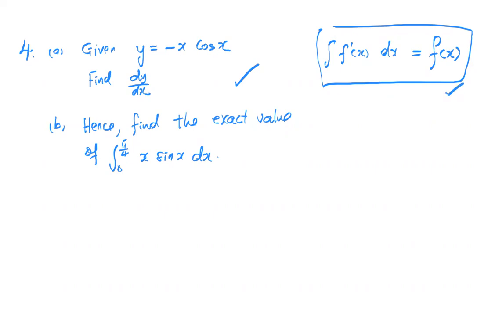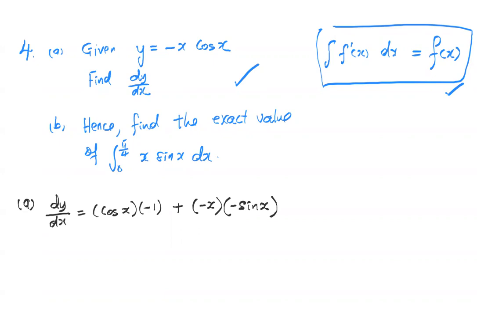So for the first part, when I differentiate, I'm using the product rule: u v prime plus v u prime. You differentiate cos x, you got negative sin x.